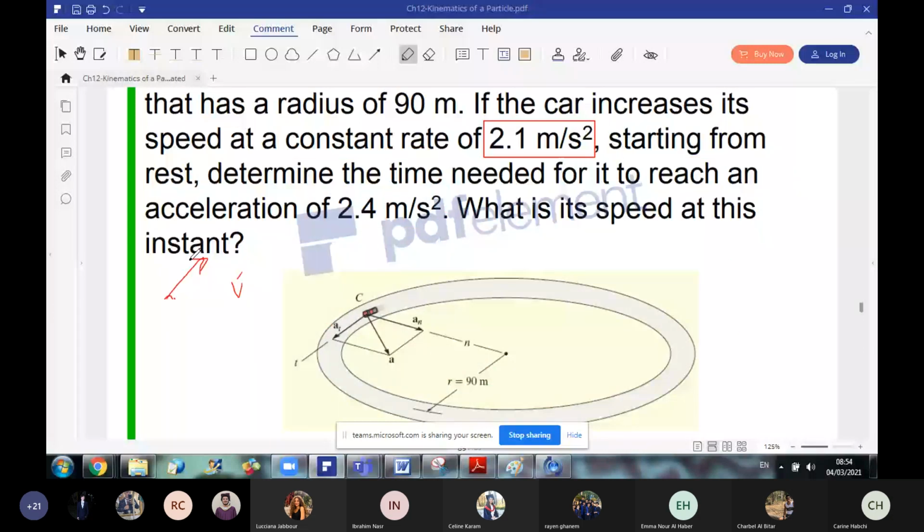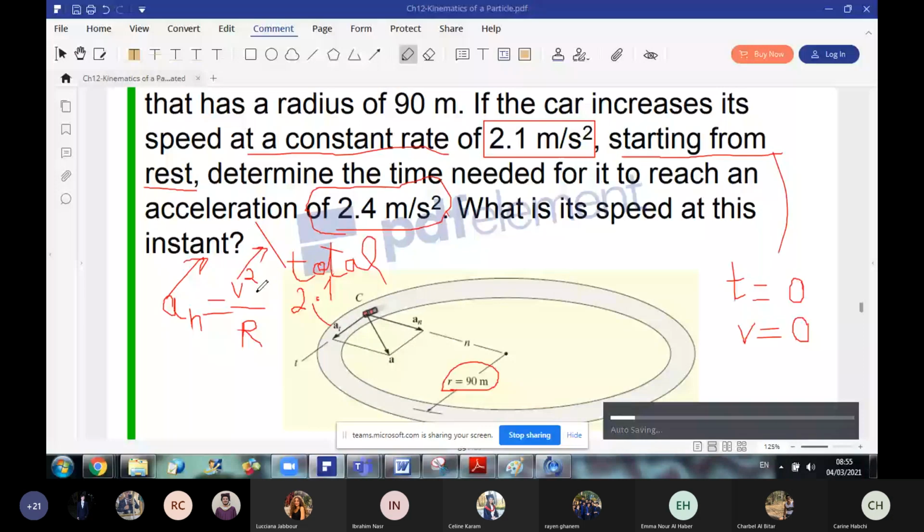How to find the expression of v, the variation of v with time? v equals 2.1t. Very good. In general, what is the formula for velocity?